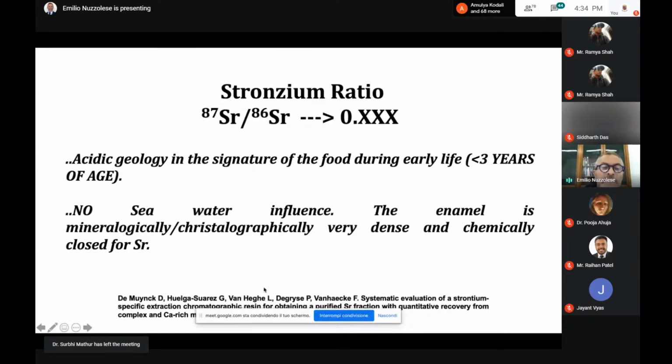On the other hand, the strontium present in the enamel is not influenced by the sea or the soil, because it has been already crystallographically incorporated in the enamel.